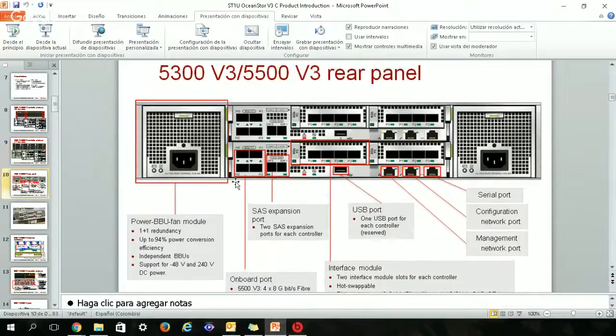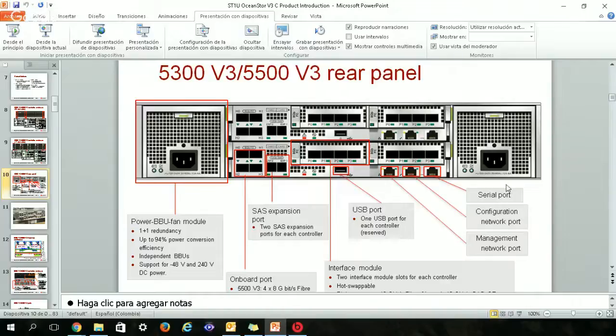On the rear panel, we can see some of the features of the 5300. Here on the left and right, this is basically the power BBU fan module. This is the battery backup unit fan module, and that is in 1+1 redundancy, meaning that we have one unit here and another one for redundancy.